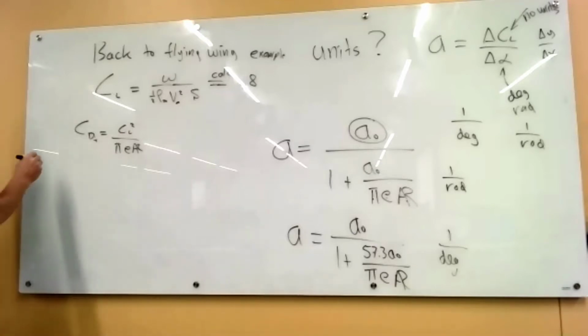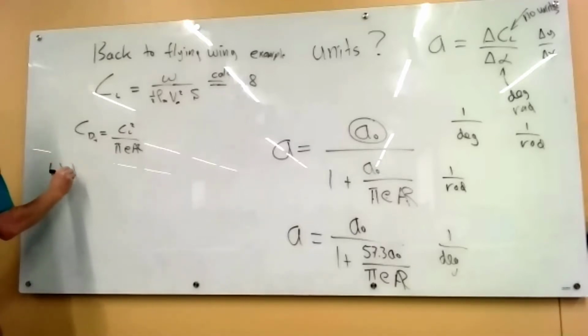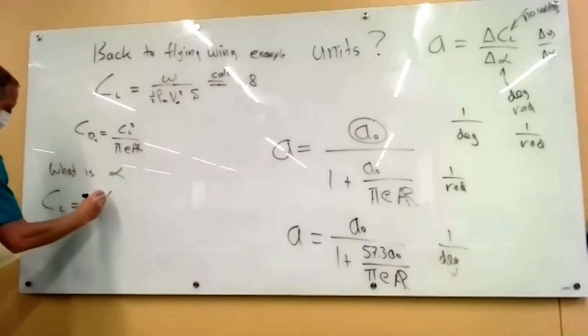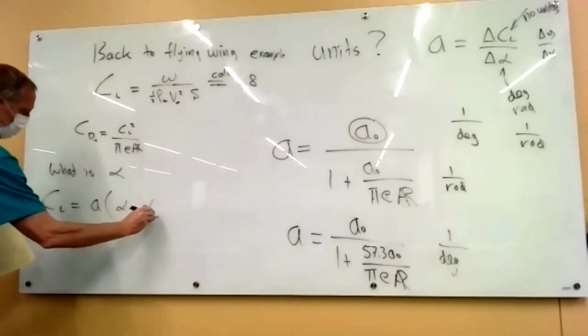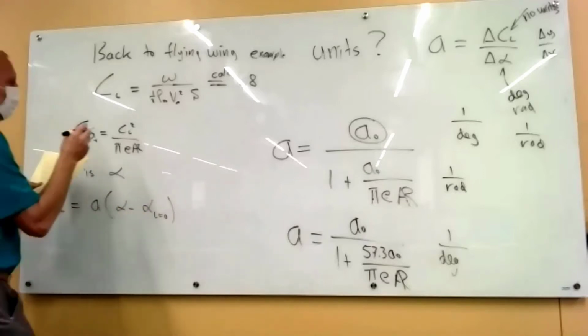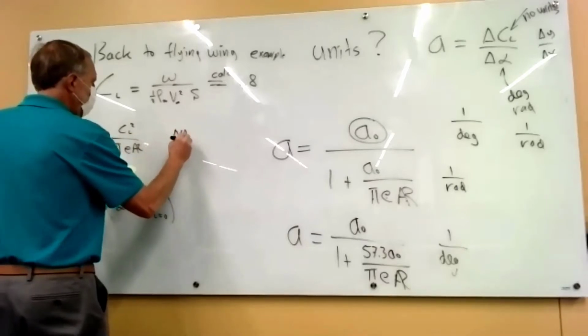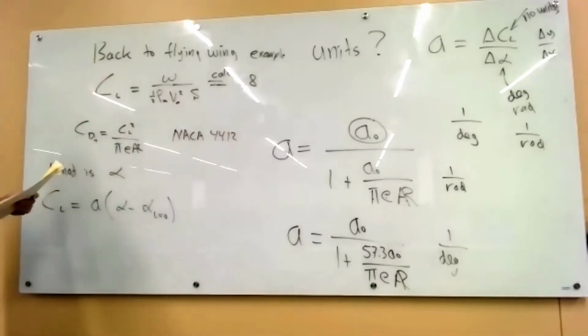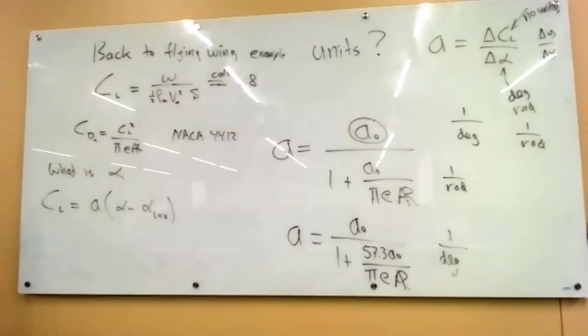So now I want to find out, well, what is the angle of attack? So I'm just going to use that formula I just erased. And remember, this was a NACA 4412. So the first thing we're going to have to do is calculate A0, and then stuff it in one of these formulas.